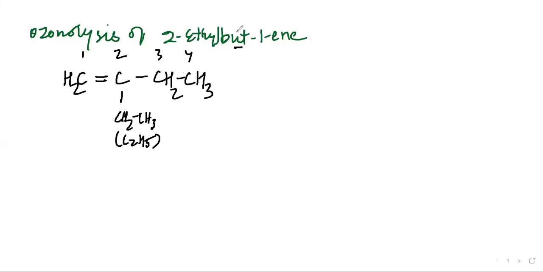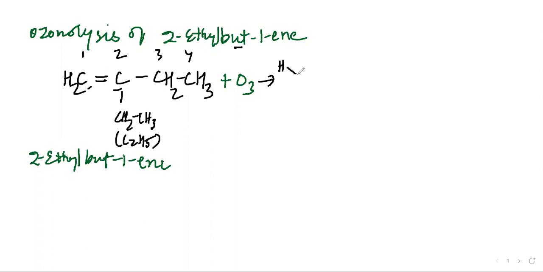This is your 2-ethyl but-1-ene. When this compound undergoes the reaction with ozone, dear students, it gives us the ozonide. Now you can see that the doubly bonded carbon has got hydrogen on both sides. So you have the ozonide with you.